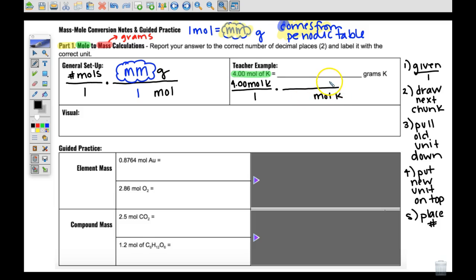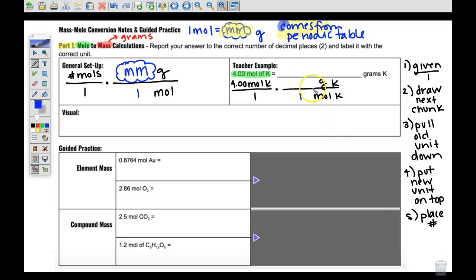And my fourth step is to put my new unit on top, which is grams of potassium. Now I need to place the numbers. So my generic conversion factor is 1 mole of anything is equal to the molar mass off of the periodic table. So just like before, the number 1 is always going to go with the word mole.